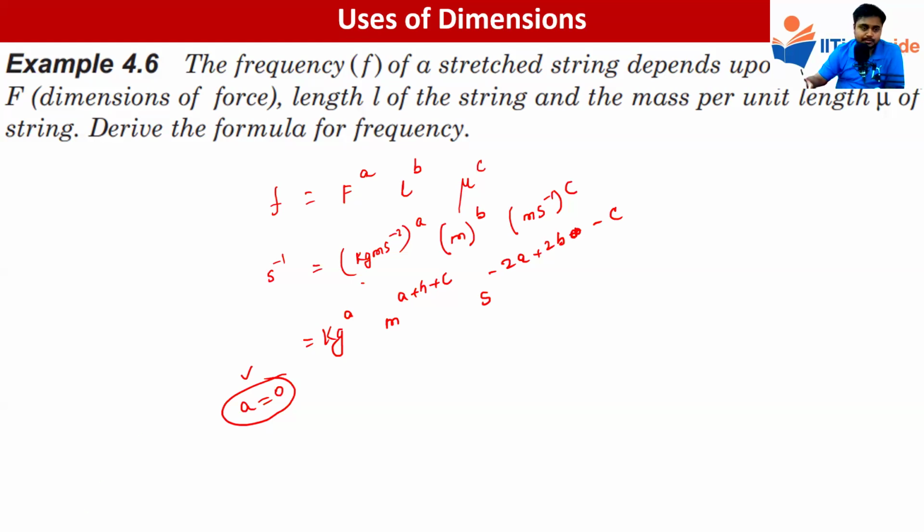Oh, I'm sorry. Mass per unit length, I have written meter per second. That's foolishness. It should be kg per meter.